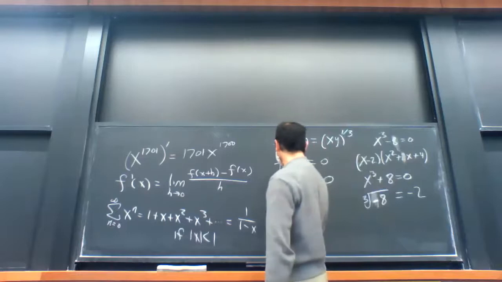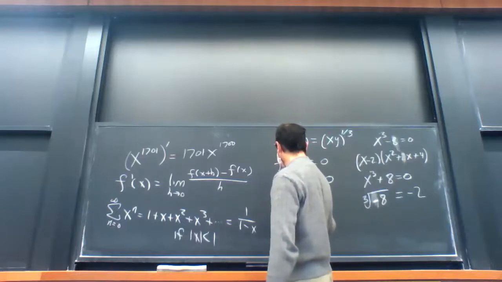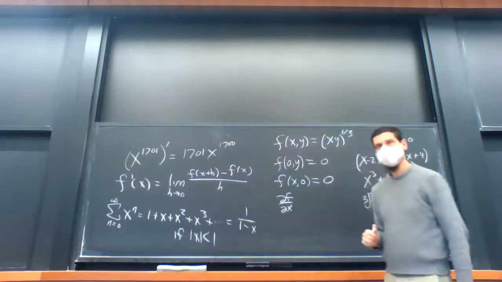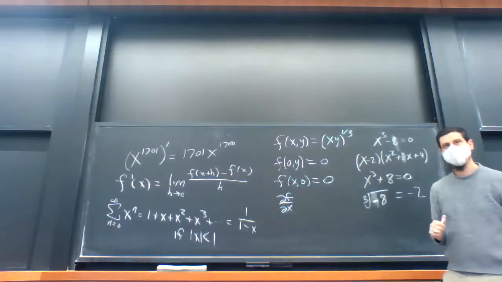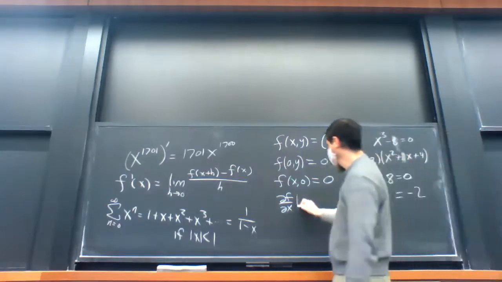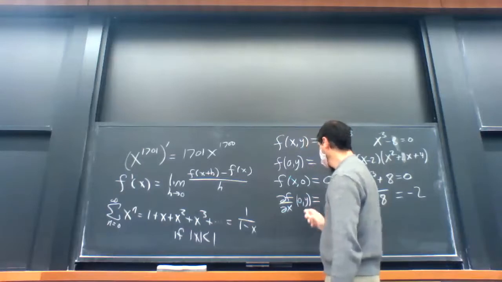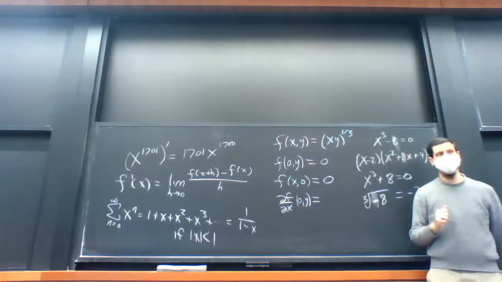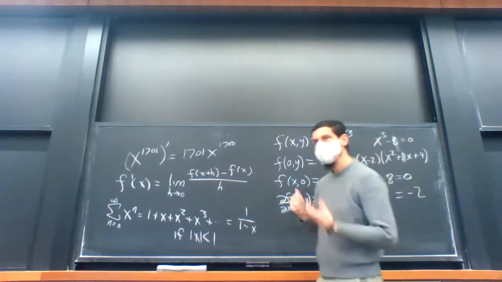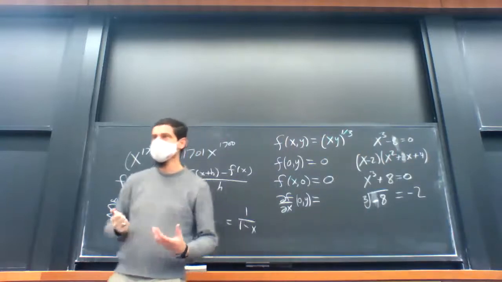So if I want to calculate the partial of f with respect to x, and I evaluate it at any point where x equals 0, what will that be?